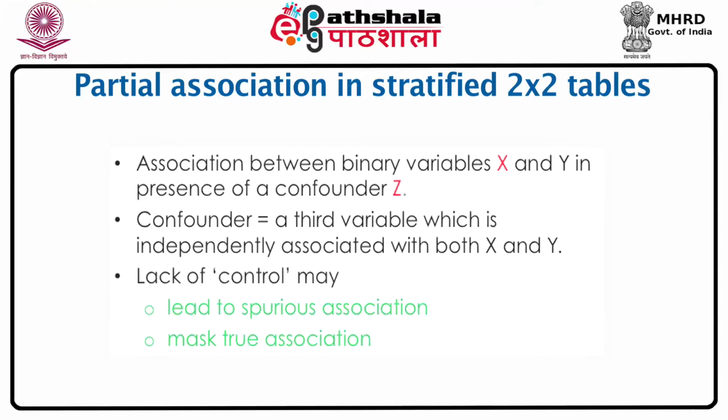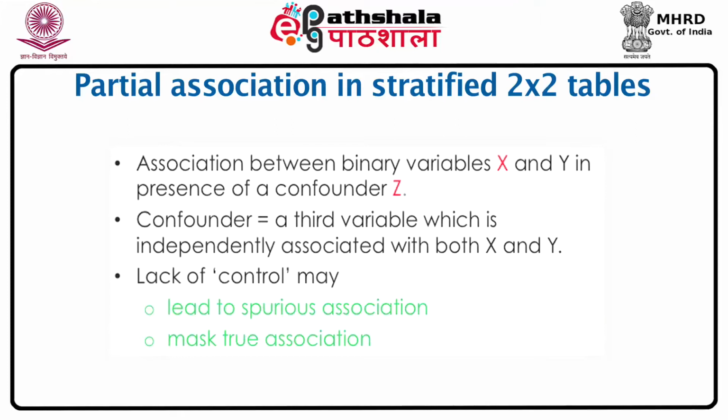Confounder is a concept which comes from epidemiology, and the variable z is called a confounder if it is independently associated with both x and y. Thus, age might be a confounder between lung cancer and smoking because we can hypothesize that smoking behavior is related to age and the probability of lung cancer is also related to age. Note that I have said something about being independently associated with both x and y.